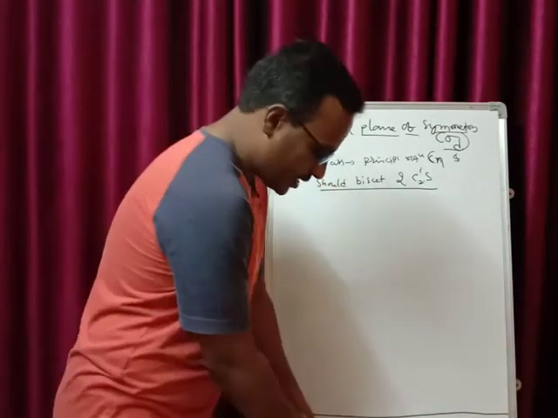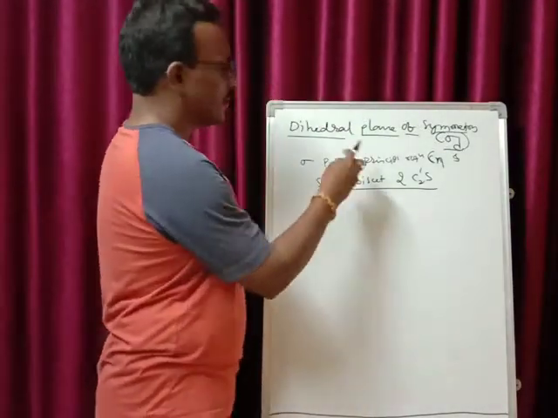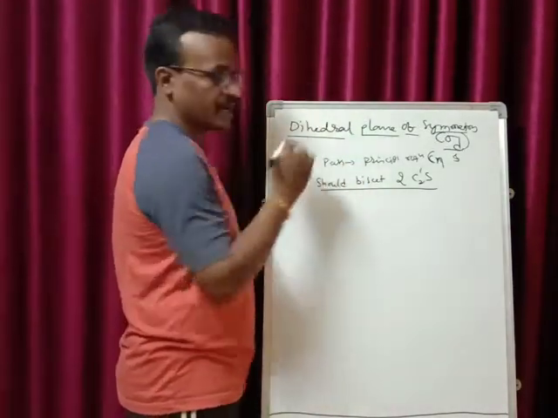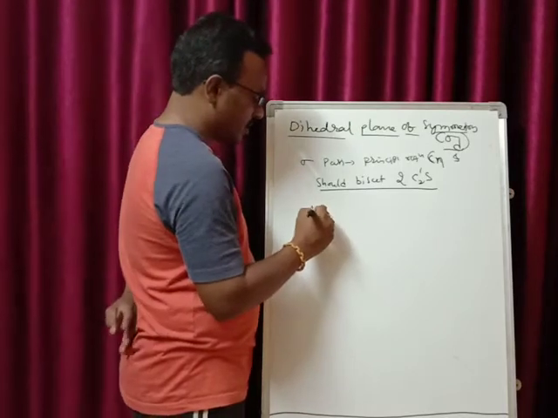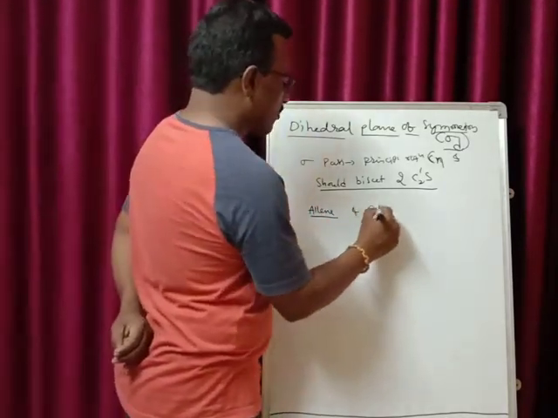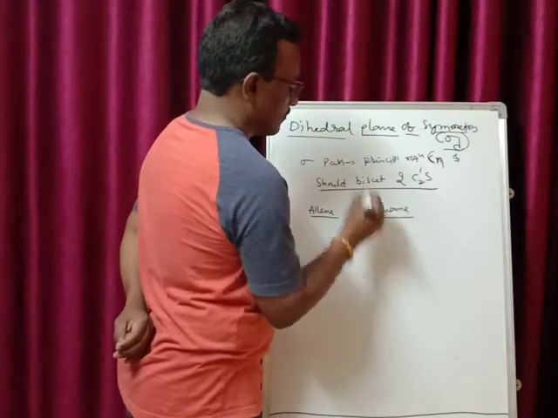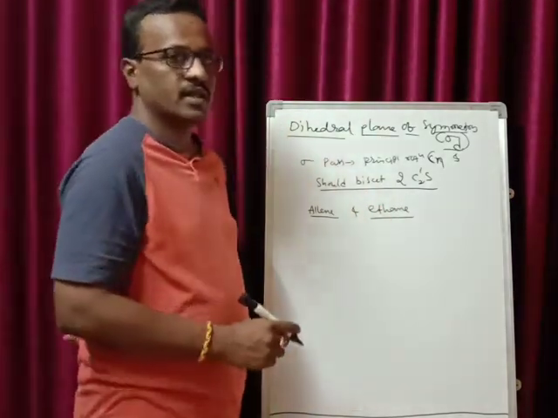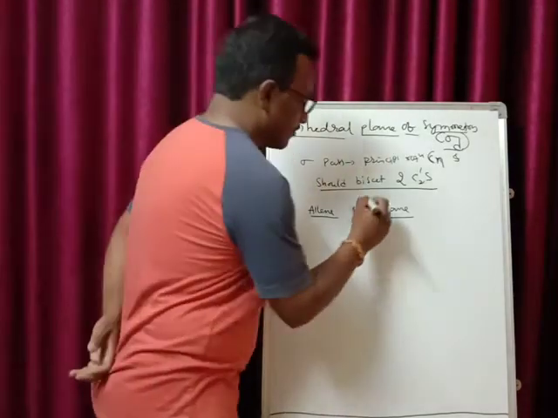So therefore, for this we have a dihedral plane of symmetry. For this, you have the molecule of allene, and you also have the molecule of ethane, that is staggered ethane.